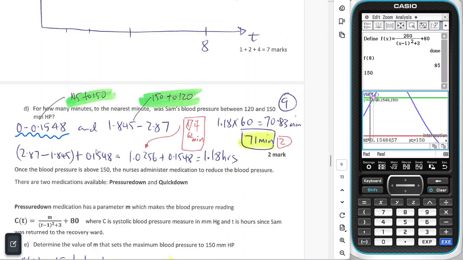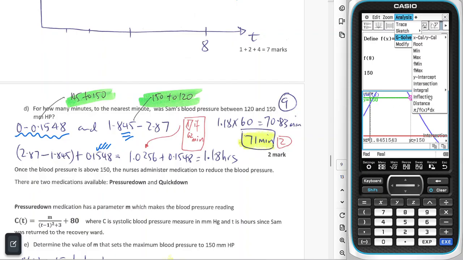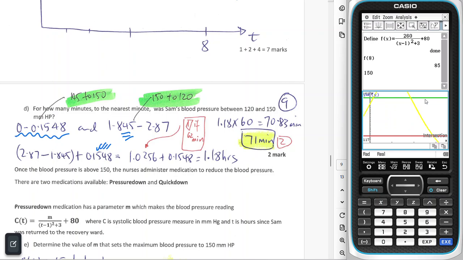And that gives me that amount of time. And it's also between 120 and 150 over here, between 1.845, so 1.845, and analysis, G-solve, intersection, that curve and the red curve, that is 2.87, so to 2.87.